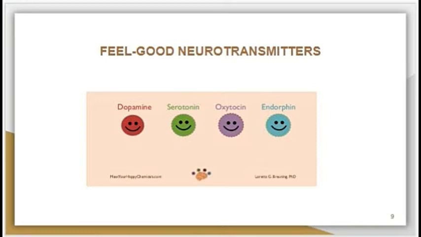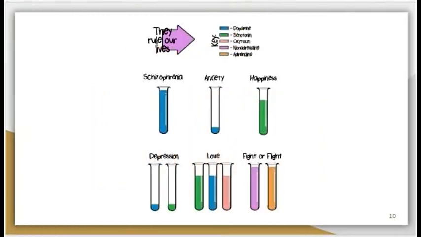We're going to look at, in a bit more detail, how some of these neurotransmitters actually affect very specific states that we experience. We're going to add two more to this particular collection. We're going to add noradrenaline and adrenaline.